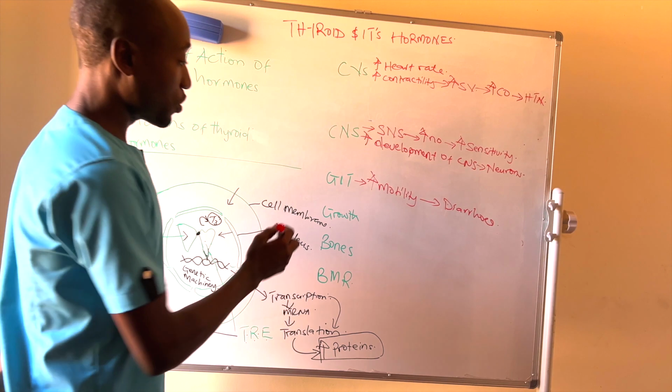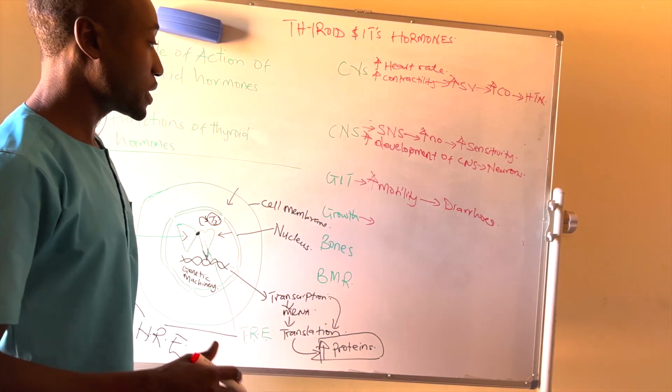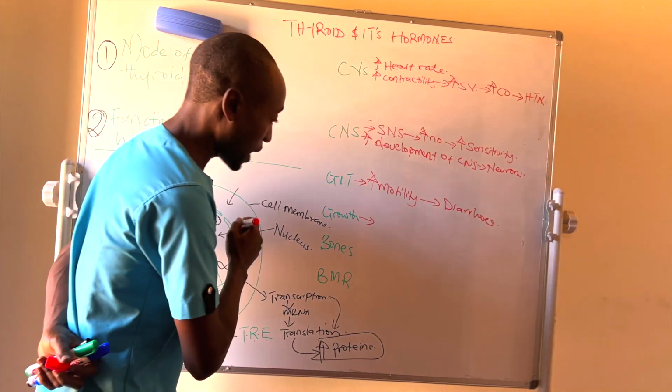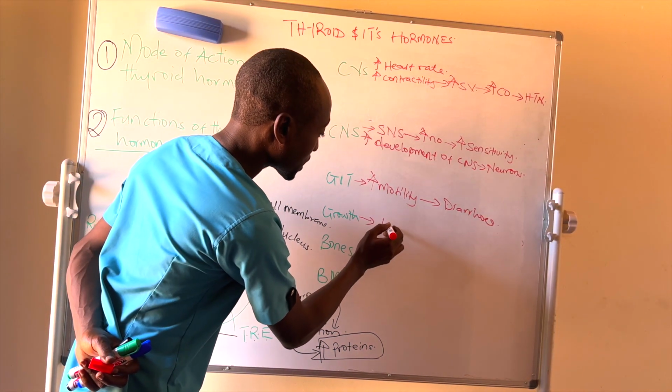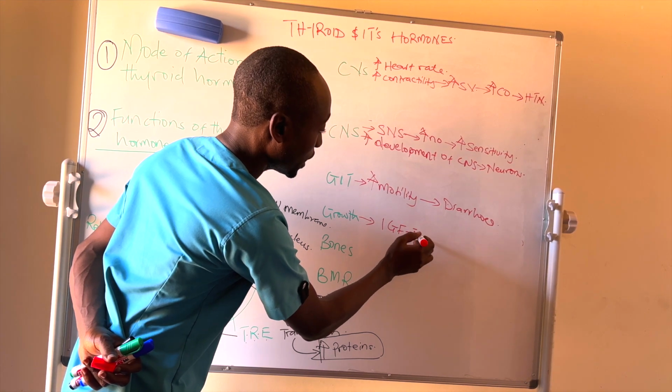And in growth of all body cells, like I've already explained, these hormones increase the manufacture of IGF-1 in the liver.